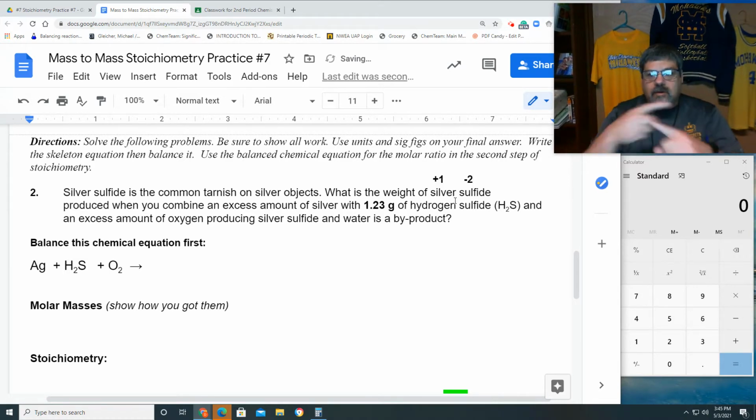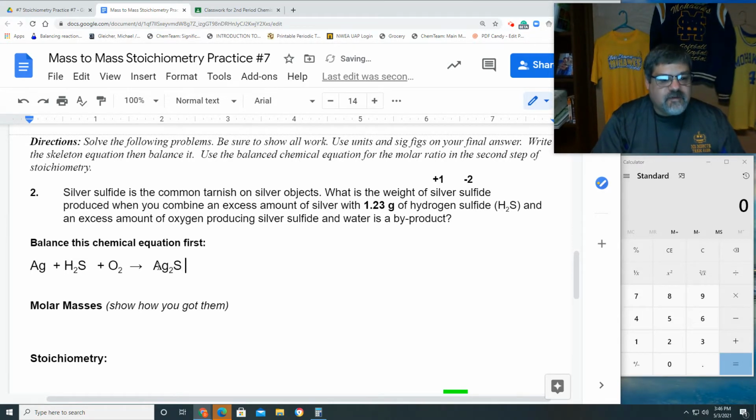So they don't match, so we're going to crisscross again. We're going to put the 2 here with silver and 1 with the sulfide. So it's going to be Ag subscript 2, and then a capital S for sulfide. And again, it's also going to produce water, plus H2O. So there is our skeleton equation.